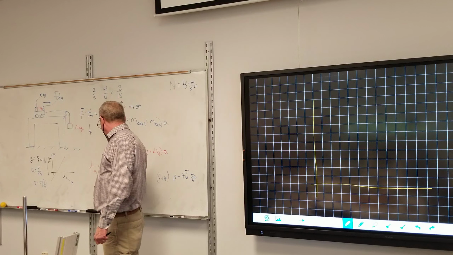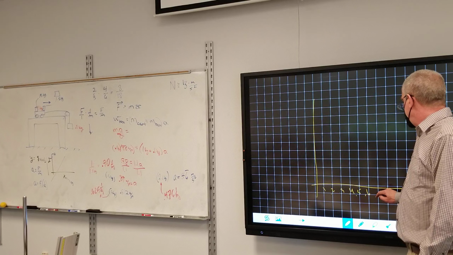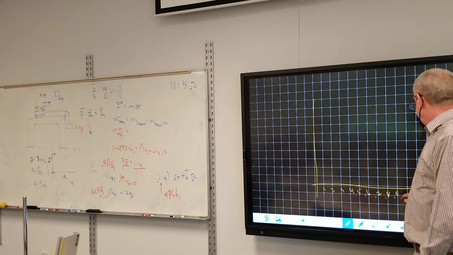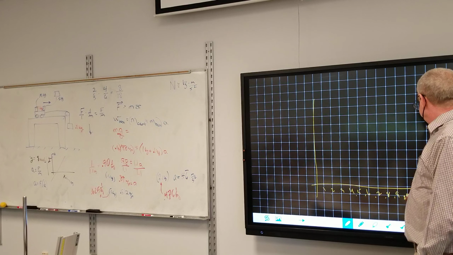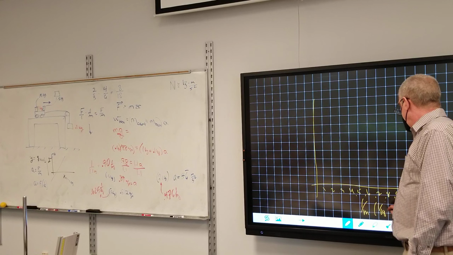All right. So now when I plot it, we're going from 0.1, 0.2, 0.3, 0.4. That will be my 1 over mass with units of 1 over kilograms.